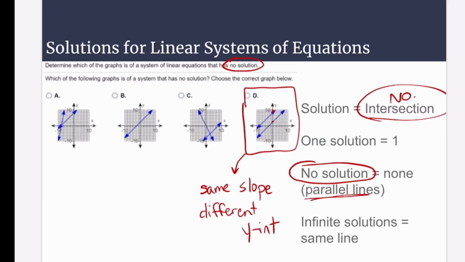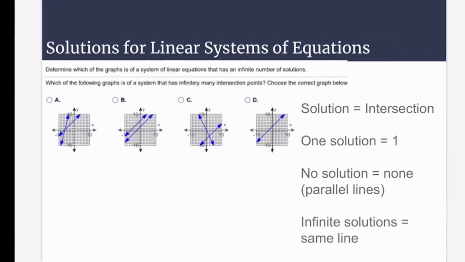So if we look at another one, this one is asking, determine which graph has an infinite number of solutions. Infinite, meaning there's not one solution, there are many solutions.